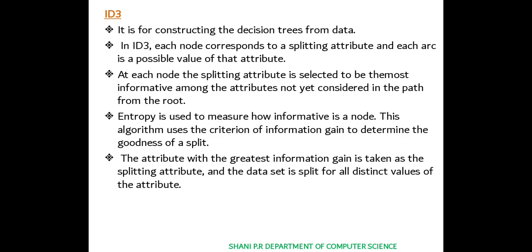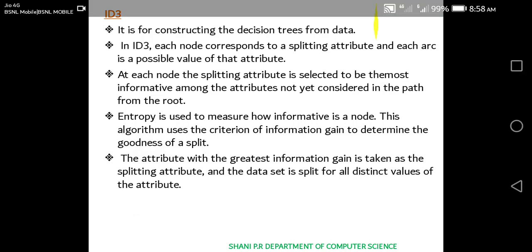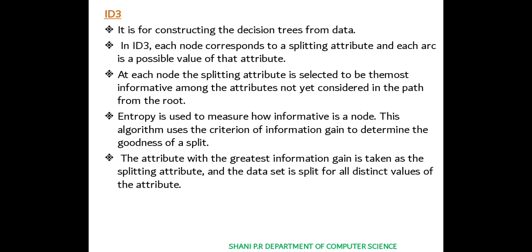Next, we can look into ID3. It is for constructing decision trees from data. In ID3, each node corresponds to a splitting attribute and each arc is a possible value of that attribute. At each node, the splitting attribute is selected to be the most informative among the attributes not yet considered in the path from the root.